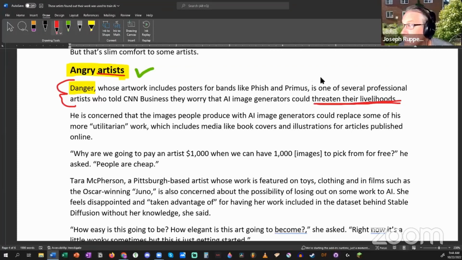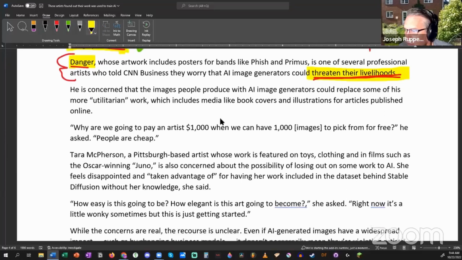To put in danger. So Danger is worried that his livelihood could be in danger. Livelihood is your ability to make money, to make a living, and threaten is to put it in danger. That's it. Pretty basic.